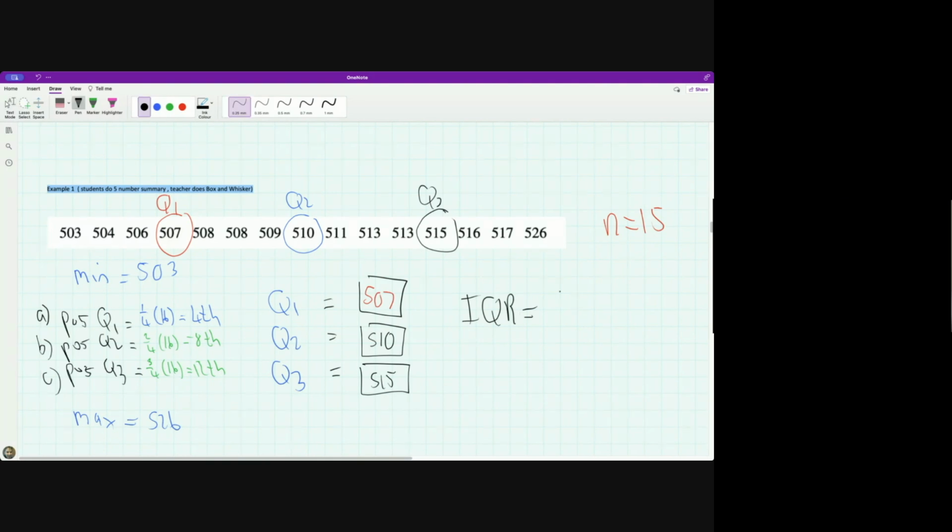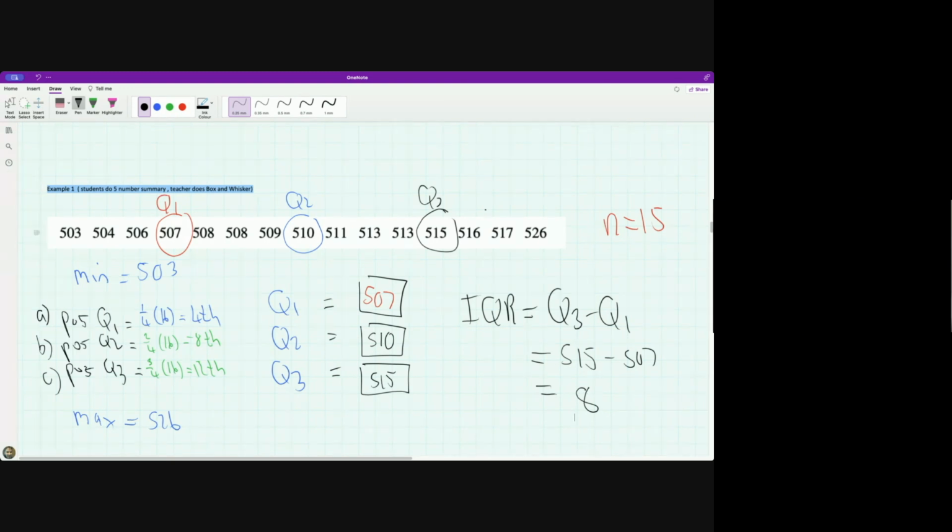It's Q3 minus Q1. So if I take 515 and subtract 507, I will get 8. So that is the interquartile range.